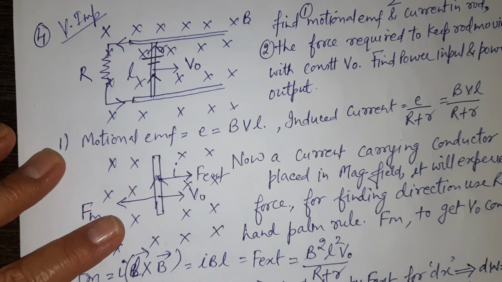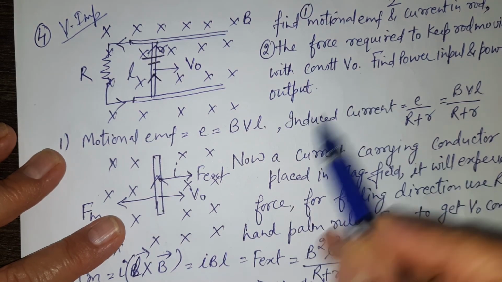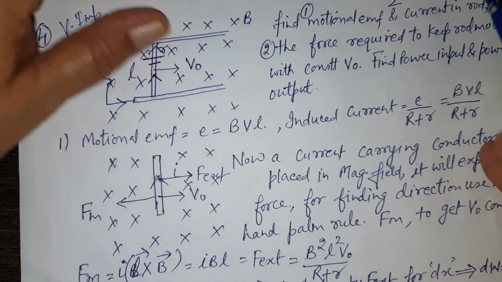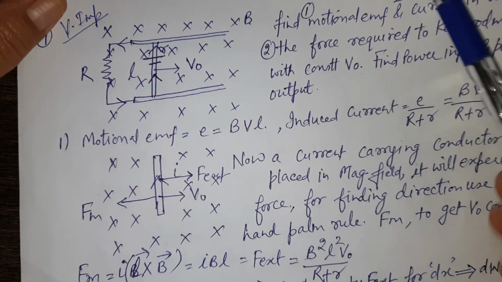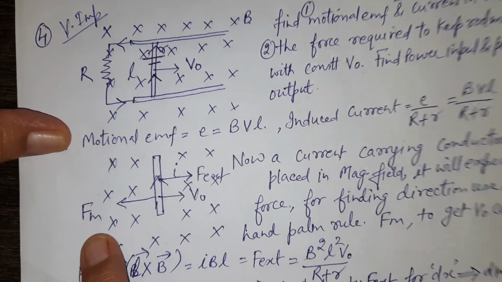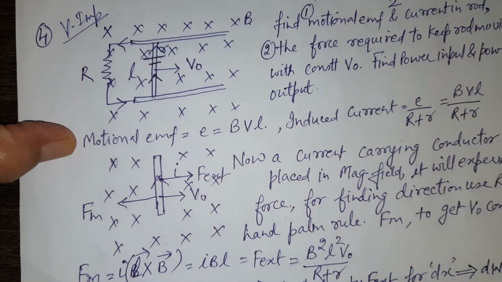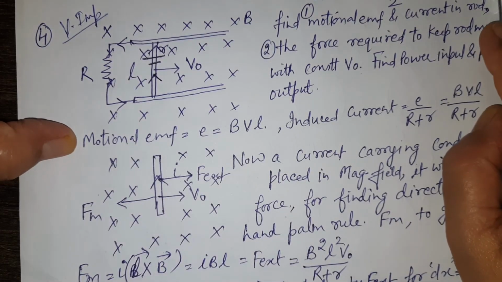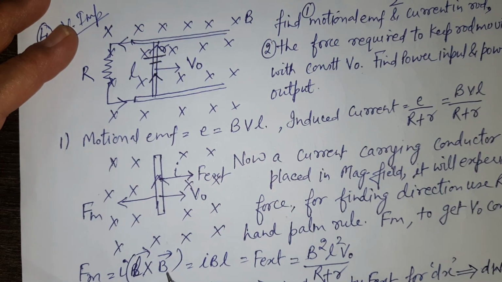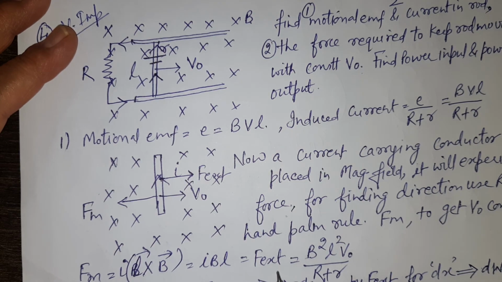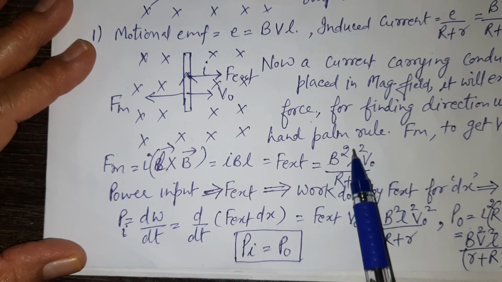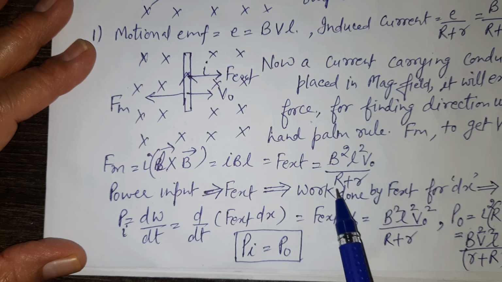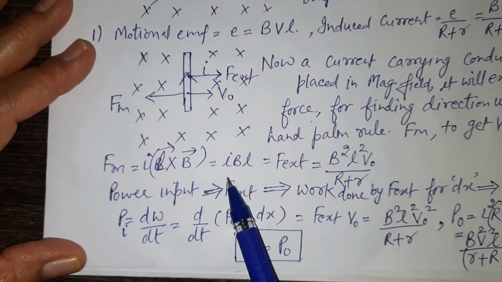To keep the velocity constant as required by the question, we have to apply some external force which should balance the force Fm. So Fm should be equal and opposite to F external, and Fm is B cross IL, as we have studied in chapter number 4. So F external is equal to B square L square V naught over R plus R, putting the value of I here.